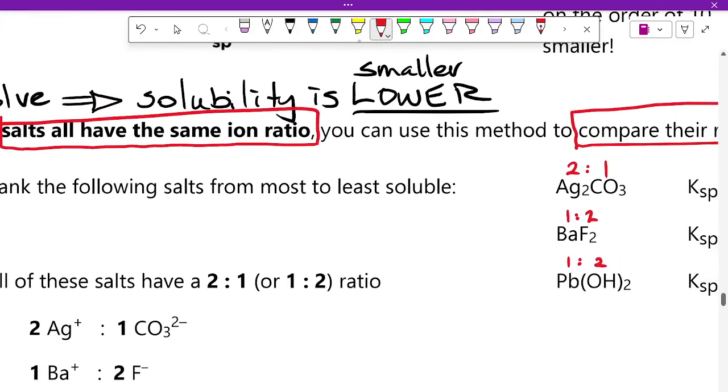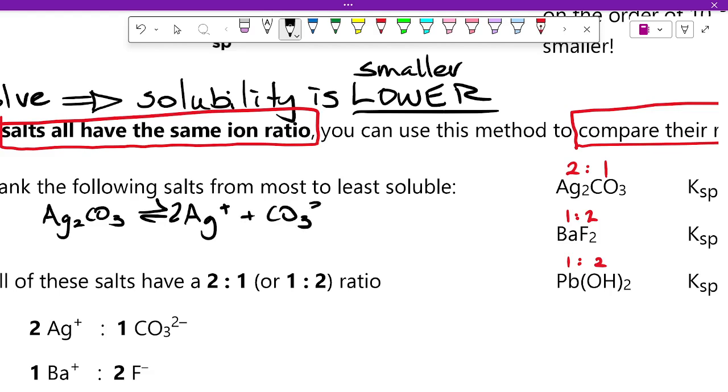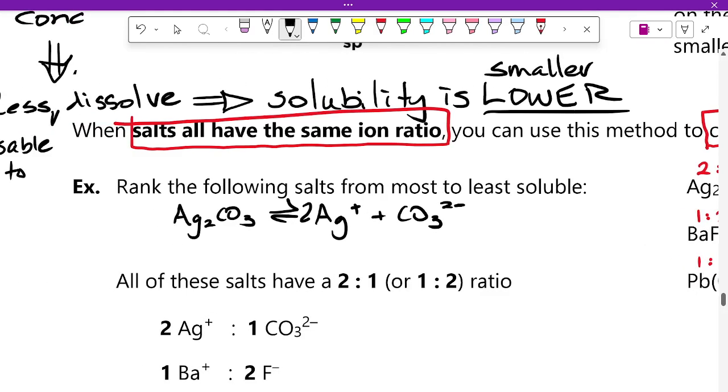Let's do our Ag2CO3. It gives us 2Ag plus plus CO3 2 minus. And underneath these, we are going to put the concentrations at equilibrium. We're not bothering with the initial concentrations because they're all 0.